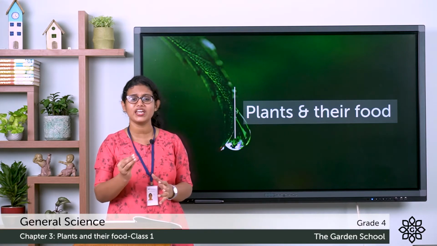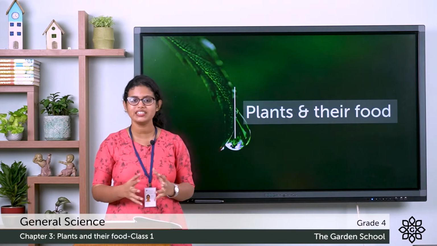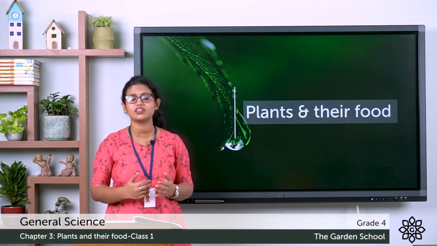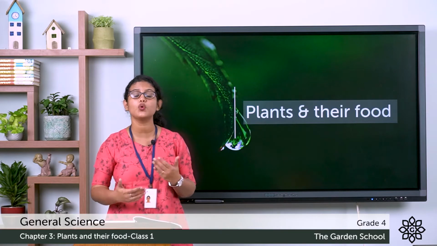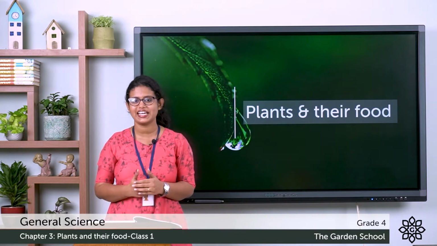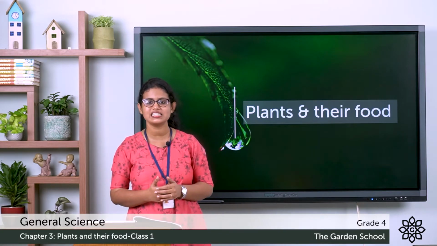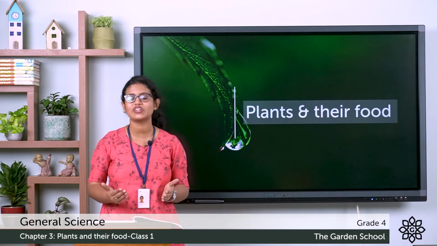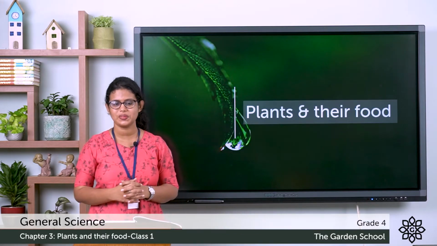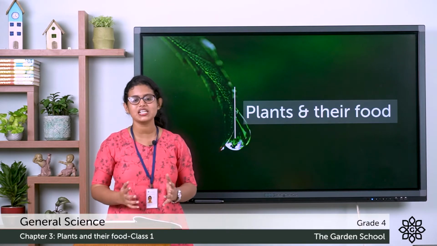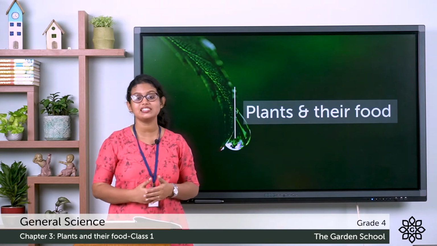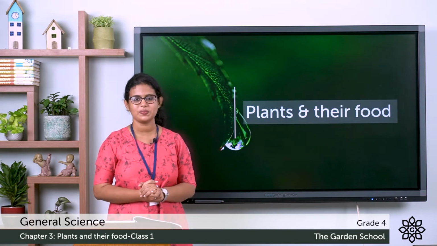Then, they have a very unique feature. You know what? They are the only living thing that makes food by themselves. And all other living things depend on plants for their food. So today, we are going to start with the chapter Plants and Their Food.